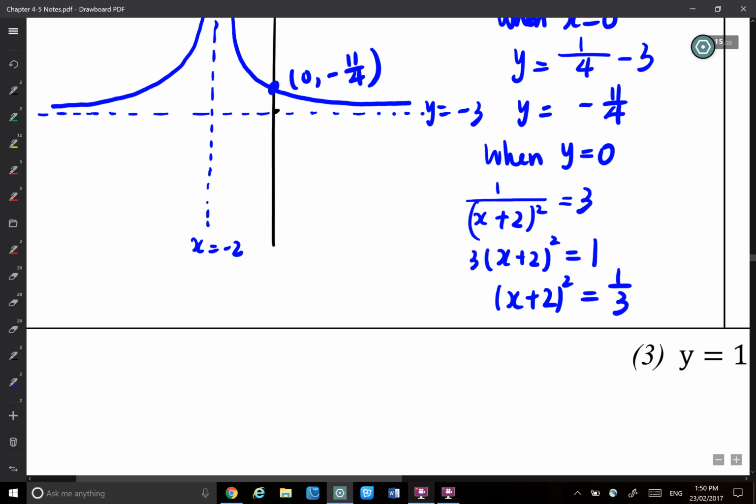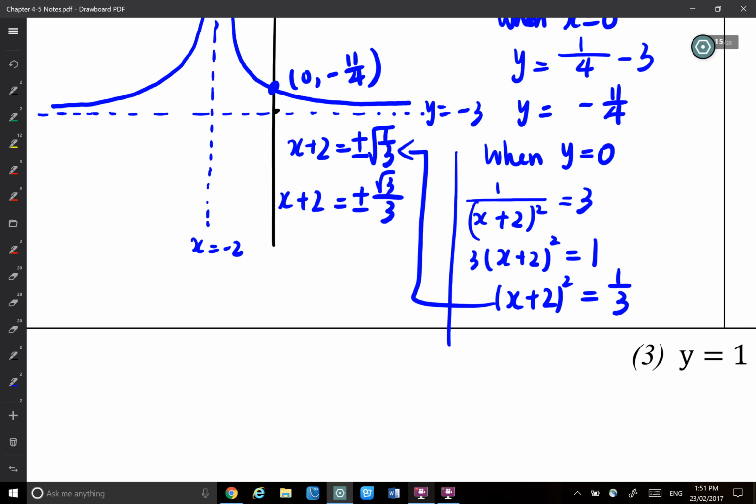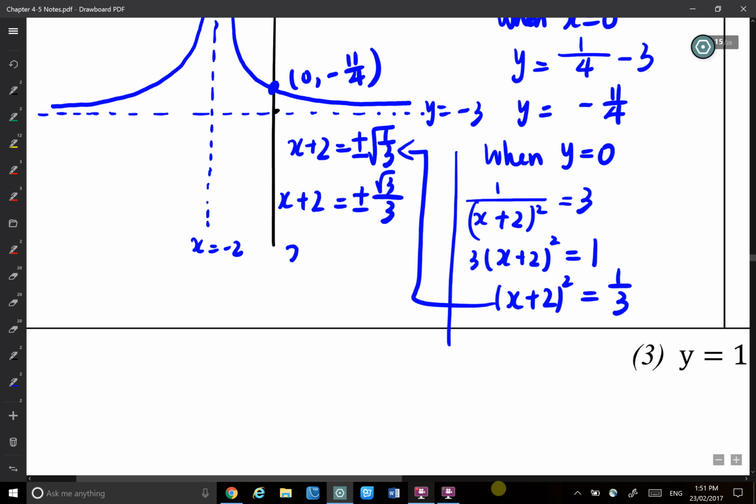Okay, my question is, what does x plus 2 equal? Plus minus root 1 on 3. But I need to rationalize the denominator. I'll have plus minus root 3 on 3, times root 3 on both top and bottom. You have root 3 over 3. And x will be minus 2 plus minus root 3 on 3.